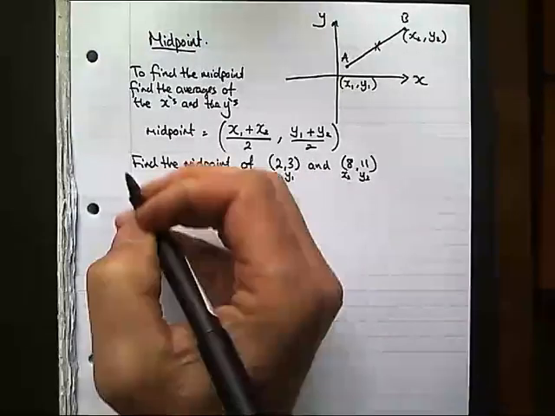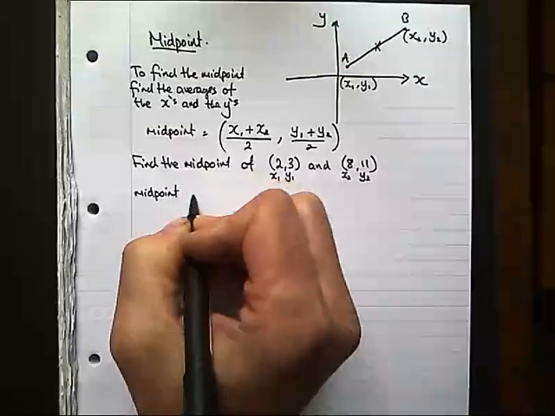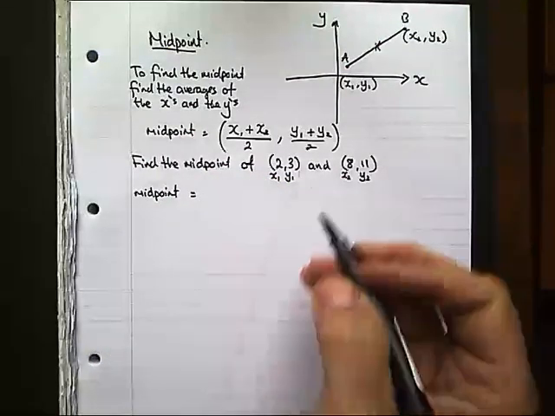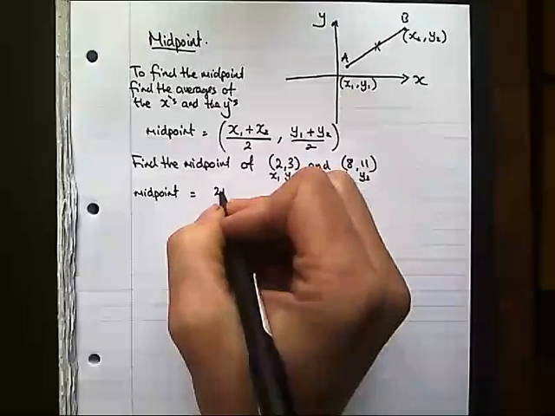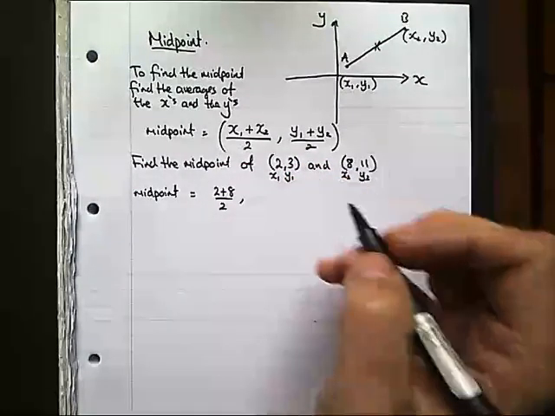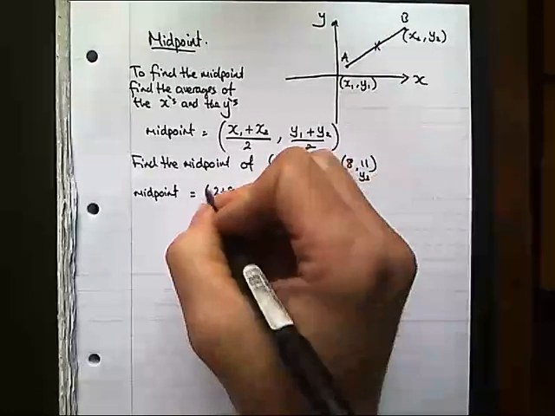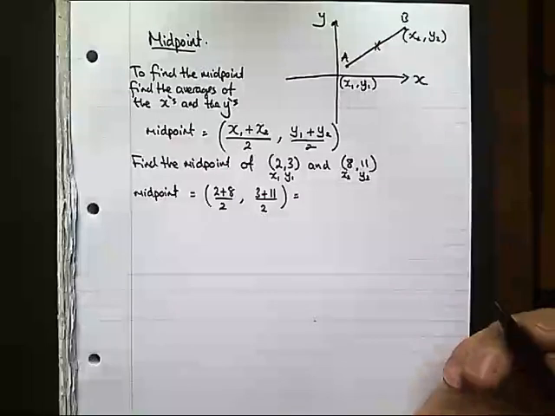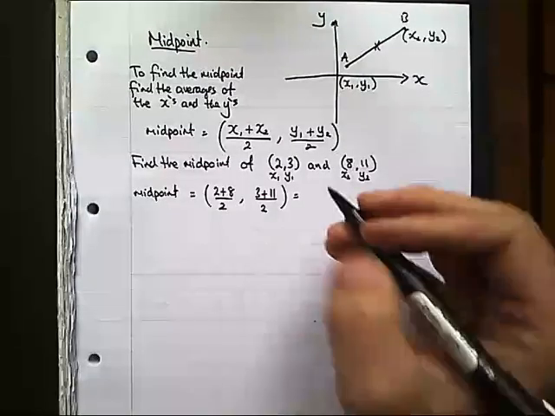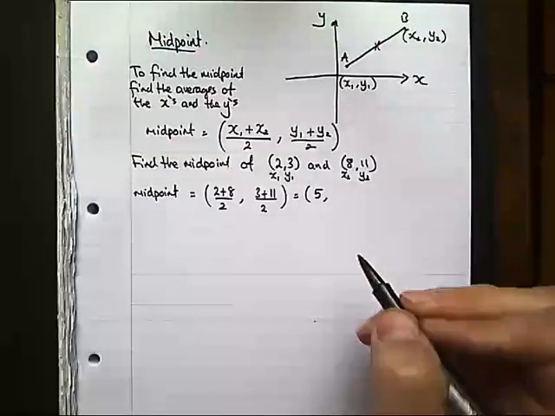So the midpoint has the coordinates (2 plus 8) divided by 2, comma, and (3 plus 11) divided by 2. And then if we just tidy this up, 2 plus 8 is 10, divided by 2 is 5, 3 plus 11 is 14, divided by 2 is 7.